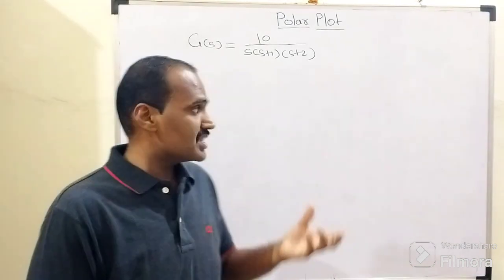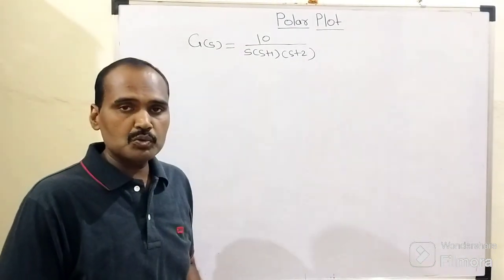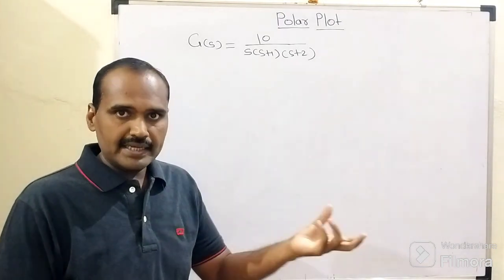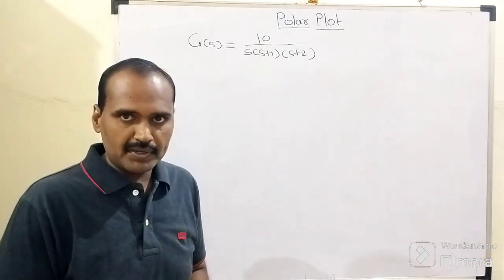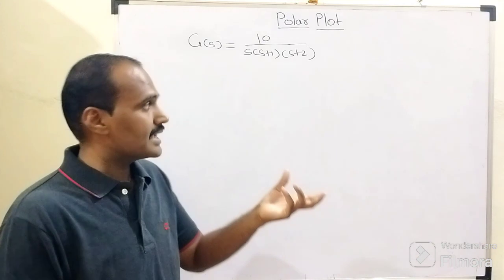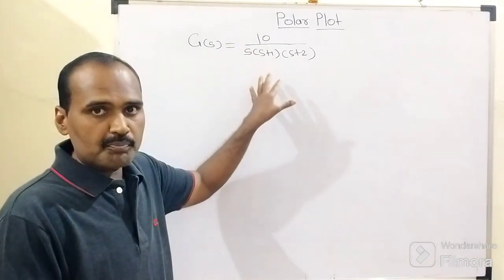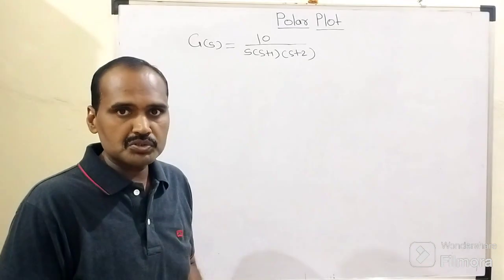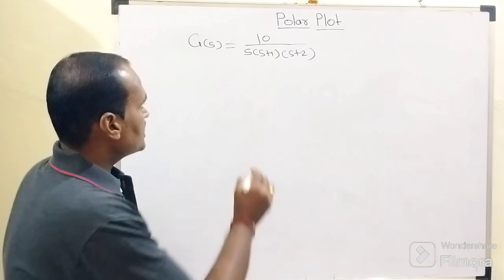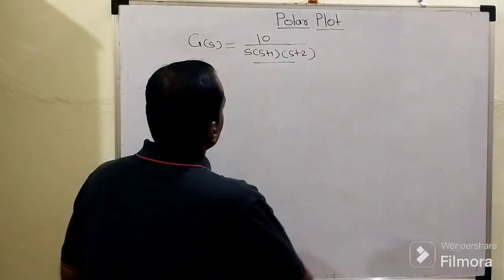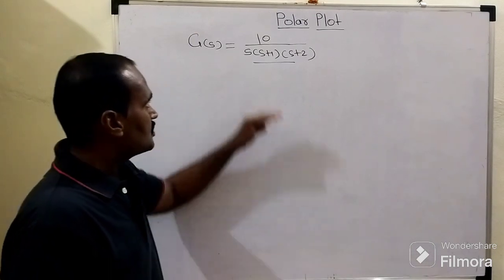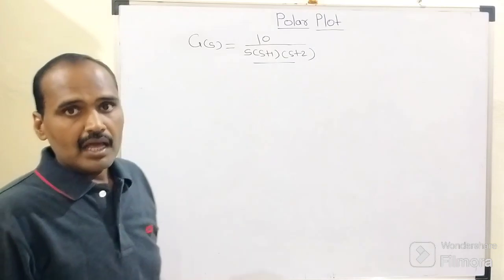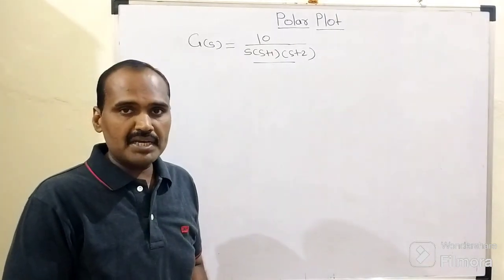In any university question paper, the objective will be like this: sketch the polar plot for the following unity gain control system whose open loop transfer function is G of s equals 10 upon s times (s plus 1) times (s plus 2), and also determine the overall stability of that system.